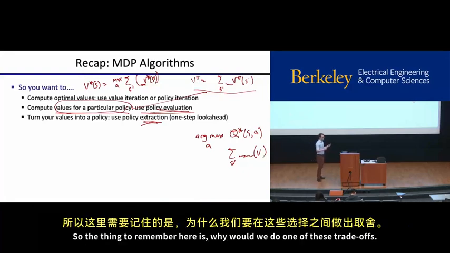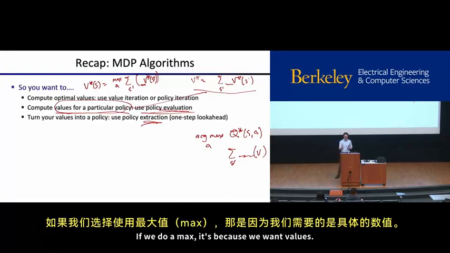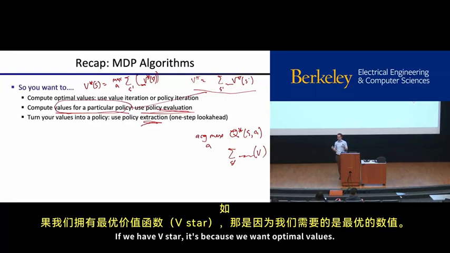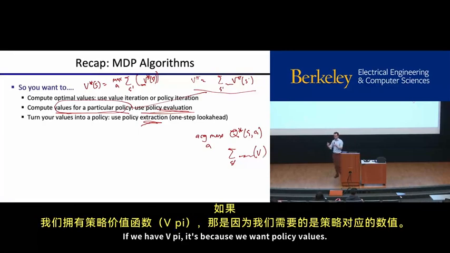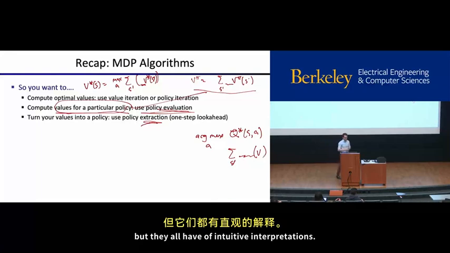So the thing to remember here is why we would make one of these trade-offs. If we want an argmax, it's because we want actions. If we do a max, it's because we want values. If we have v star, it's because we want optimal values. If we have v pi, it's because we want policy values. So the differences are very subtle, but they all have intuitive interpretations.